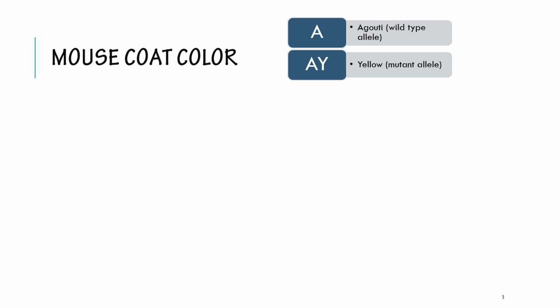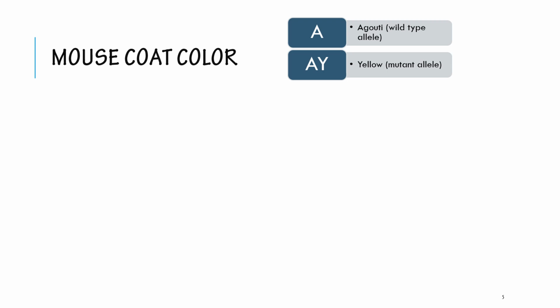I don't know how you pronounce that, but I remember it's Lucien. He noticed that it was inherited in a very unusual pattern. When yellow mice were crossed with normal brown, they produced half yellow and half brown. So it means that the yellow mice were heterozygous and that the yellow allele was dominant.